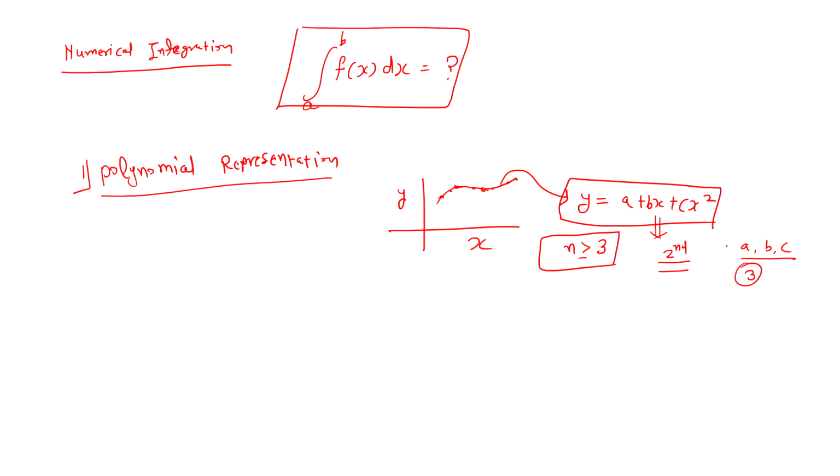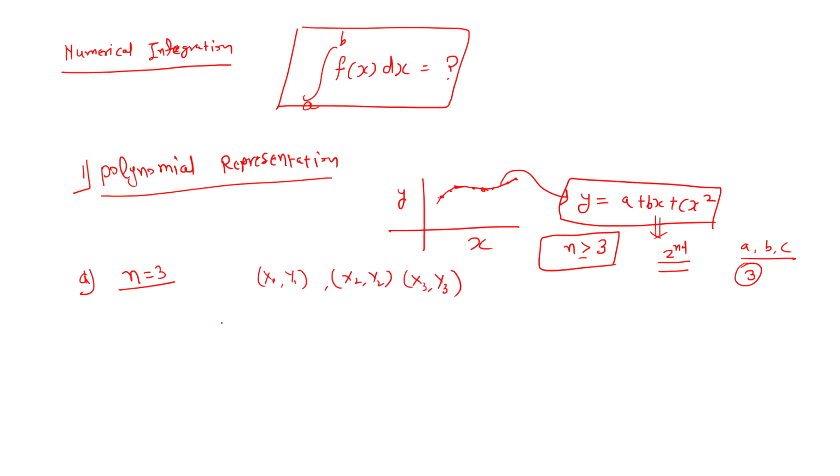So how will we get the value of this abc? Suppose in one case, let's say case a, where n is equal to 3, where the number of points is 3 only. The 3 points are given as x1 y1, x2 y2, x3 y3.